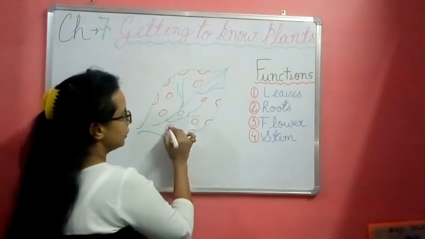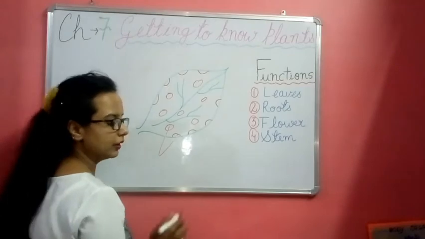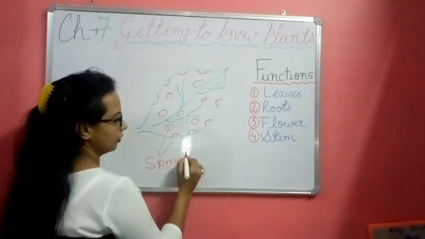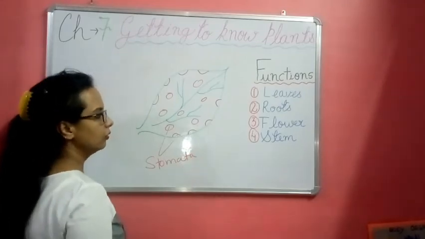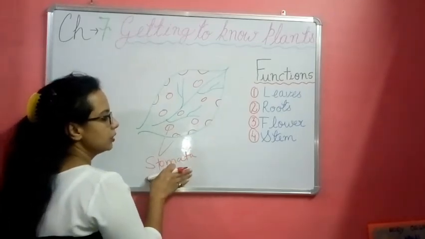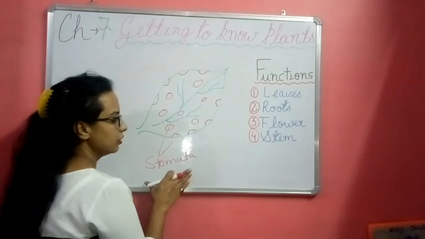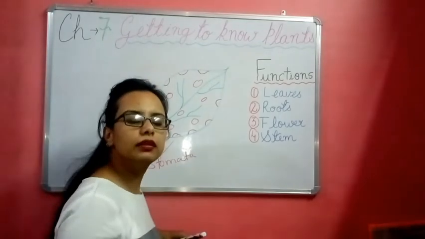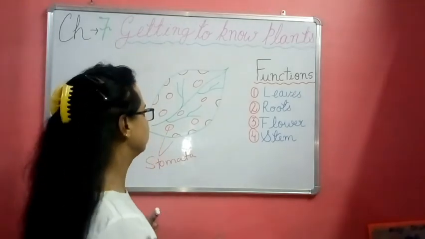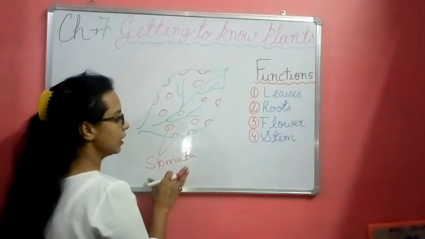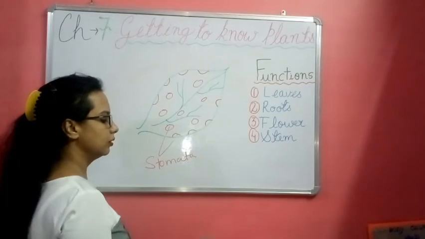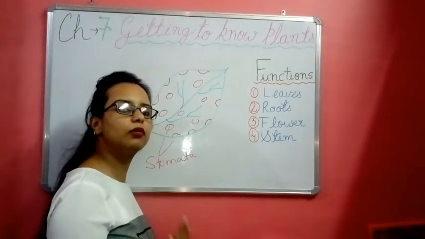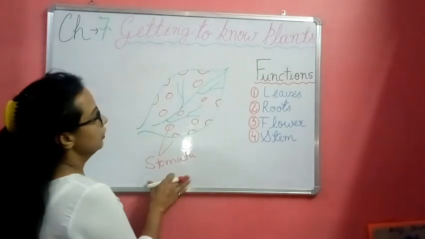Okay, and these pores are known as the stomata. The stomata helps in the exchange of the gases, and it also helps in removing the excess amount of the water from the leaves.